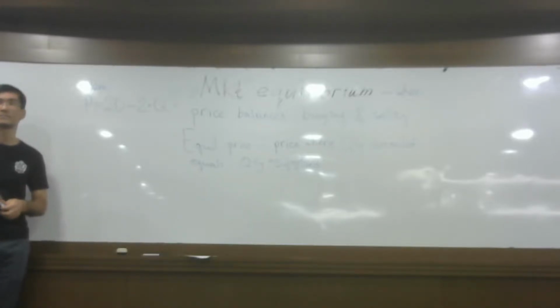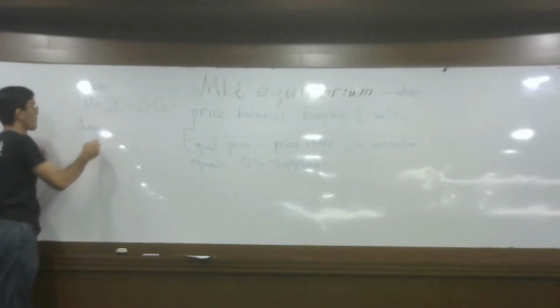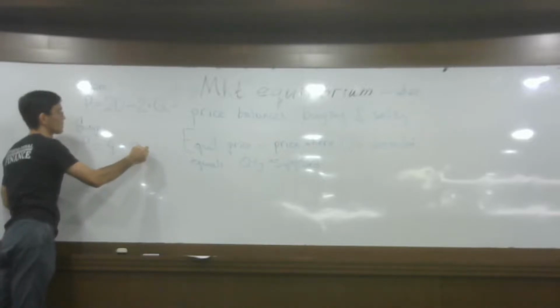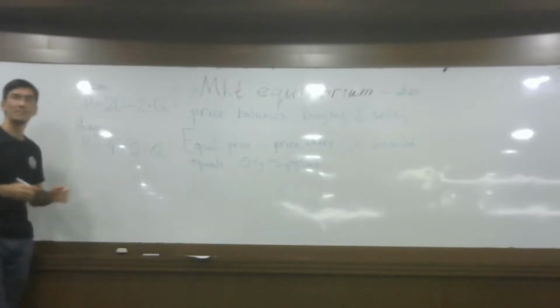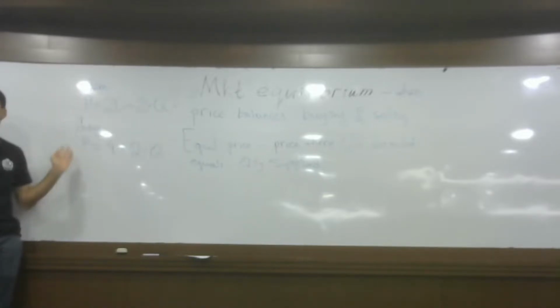How do you guys think? I think it's a straight line. And let's say the supply has a function where P equals, let's say, 4 plus 2 multiplied by Q, for example, right? Just a straight line demand, just a straight line supply, right?